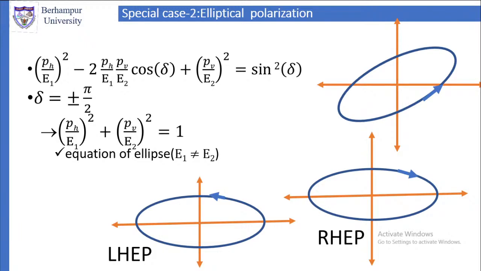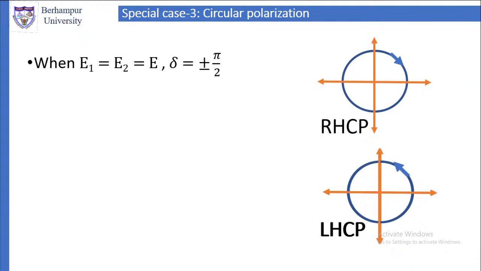Now we'll come to the third special case, which is called circular polarization. In this case, E1 is equal to E2, let us say equal to E, and delta is equal to plus minus pi by 2.